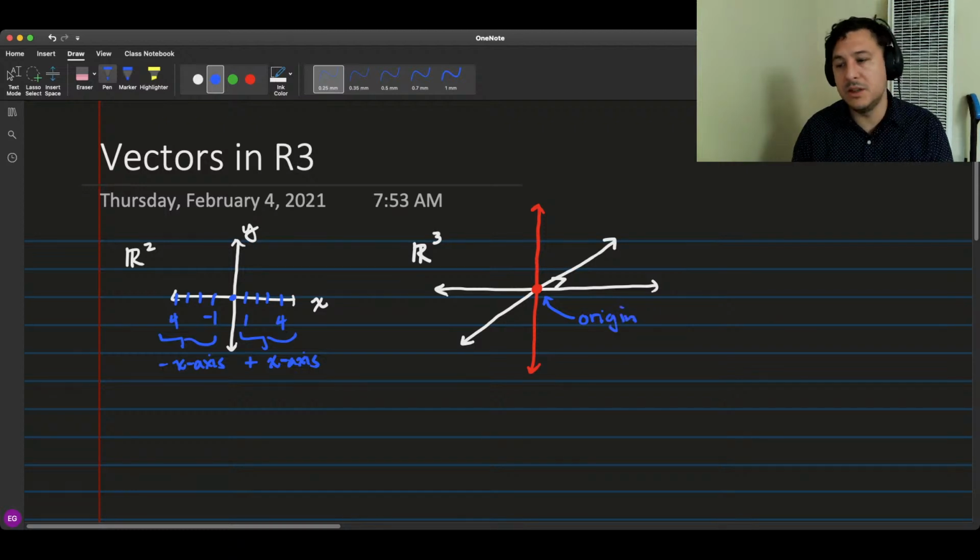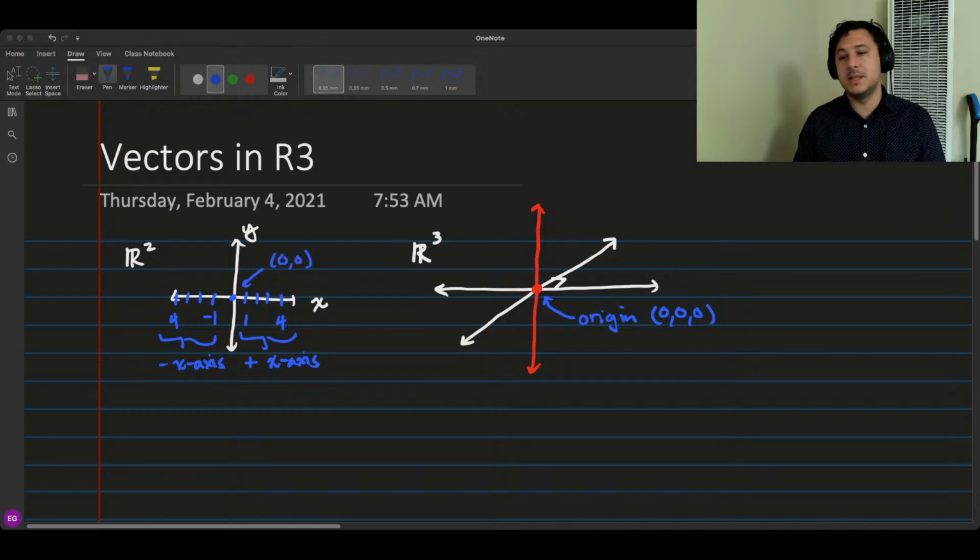Now, the origin in 3 dimensions is 0, 0, 0, as opposed to the origin in 2 dimensions, which is just 0, 0, right? You went from 2 dimensions to 3 dimensions. So now we have to decide which axis is what and where are the positive numbers.